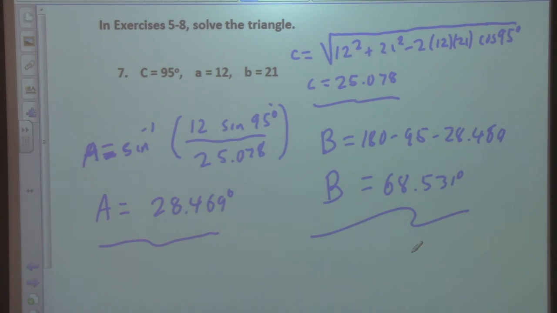I think that's it though. Okay, here we go. 57. 28.5. 25.1, yep, that's it.